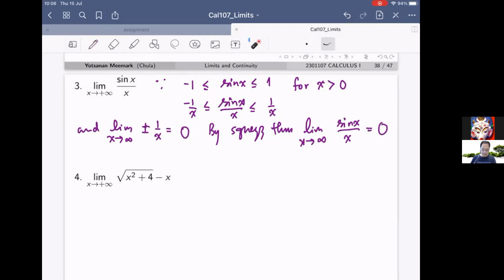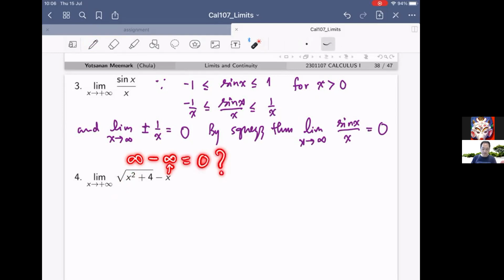How about this one? It seems that if you plug in infinity, you get a square root of infinity. A square root of a large number is still large, and then minus x, which goes to infinity, right? So it seems to be infinity minus infinity. Is it going to be 0? We don't know, right?